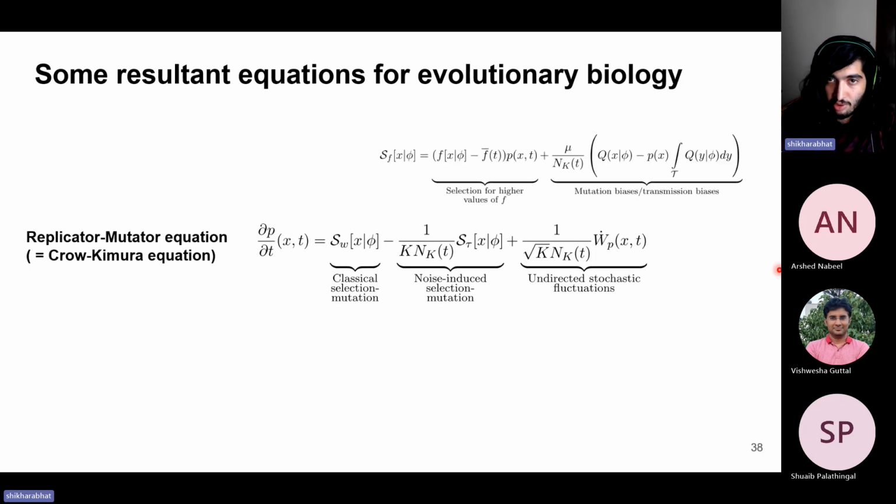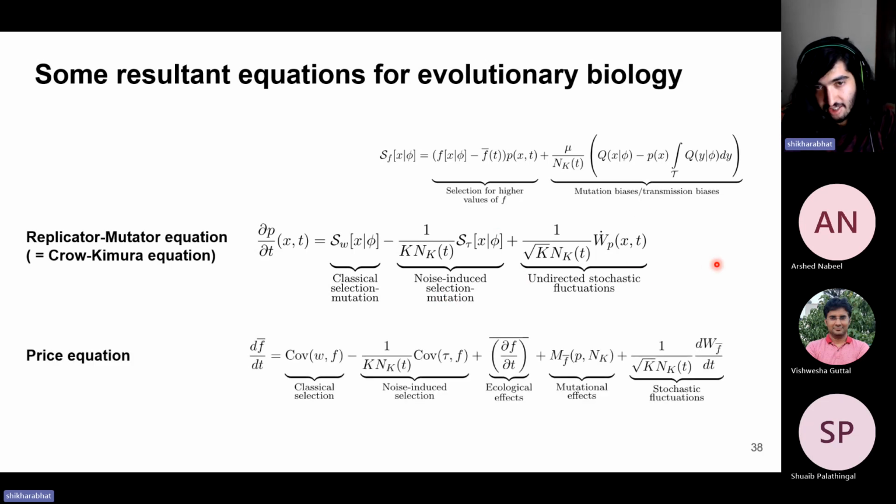Here S is supposed to be selection mutation balance. So for a given quantity F, it is F minus F bar times the frequency, which is what selection looks like. So S_W is selection for fitness, W minus W bar times P, plus some mutation term. And there is selection mutation for turnover rates, which is noise induced, plus some stochastic fluctuations.